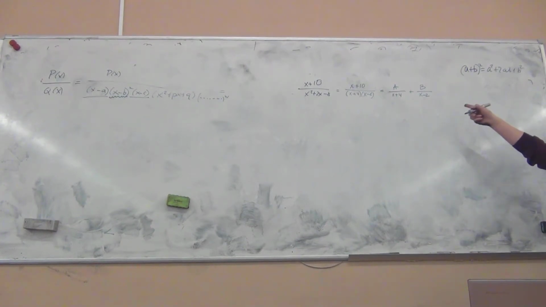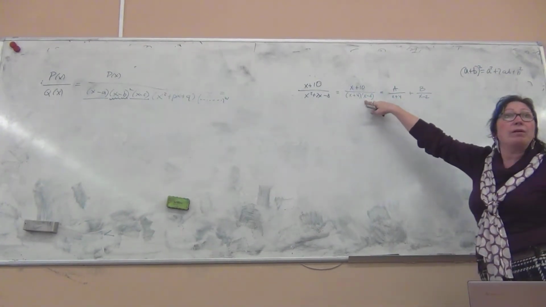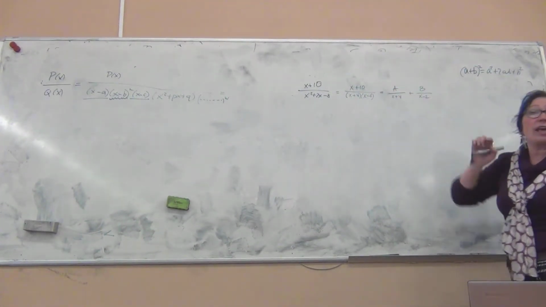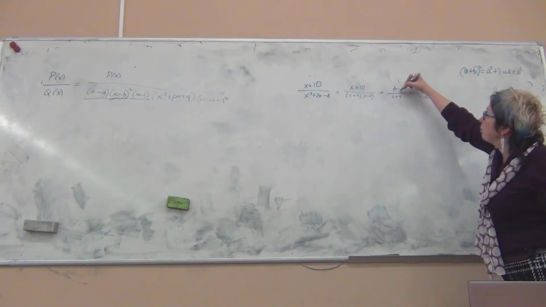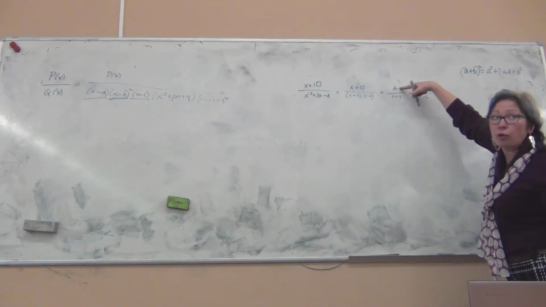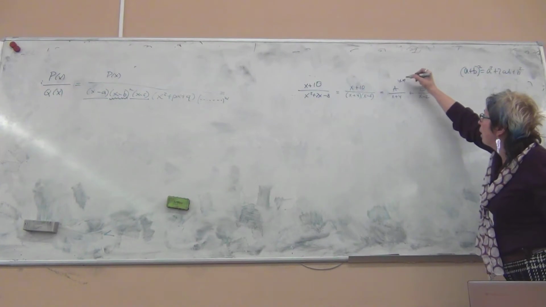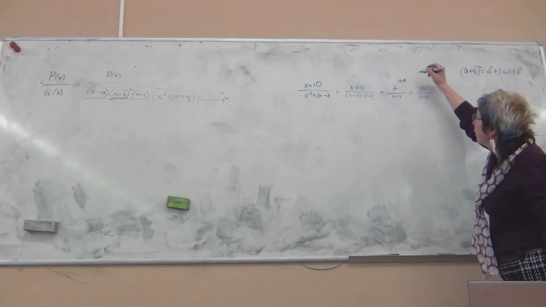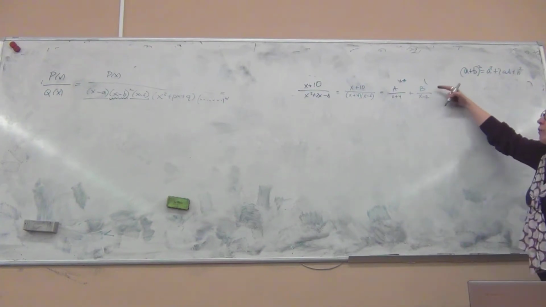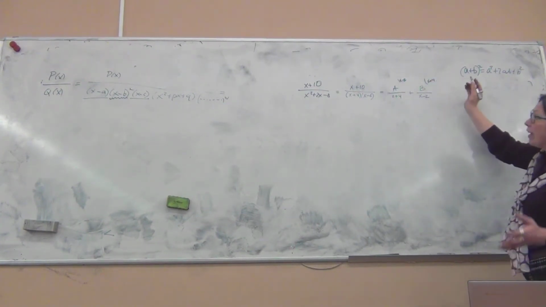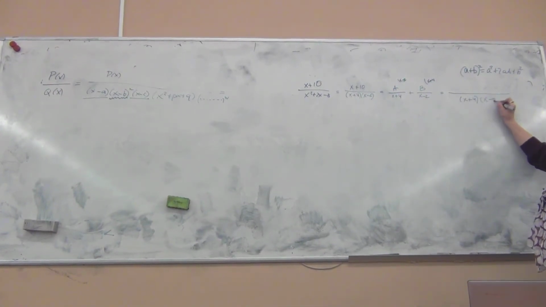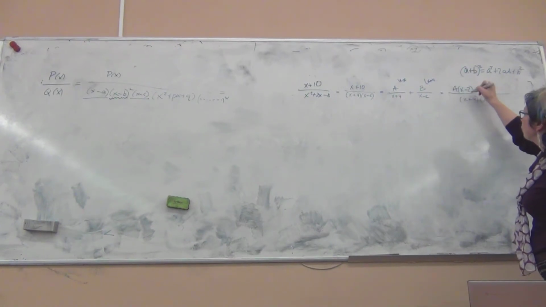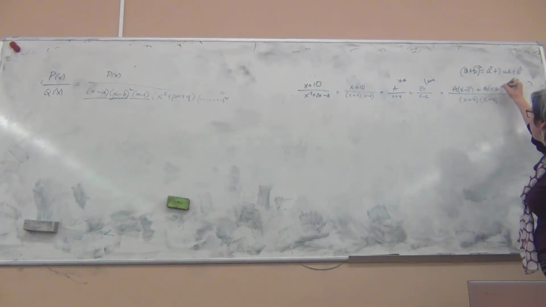We don't know what a and b are, but obviously if we put these back on the same line, we should get x plus 10 in the numerator. So if I multiply the denominator and numerator of the first fraction by x minus 2, and the denominator and numerator of the second by x plus 4, I can bring them on the same line. So x plus 4, x minus 2, a times x minus 2, plus b times x plus 4.